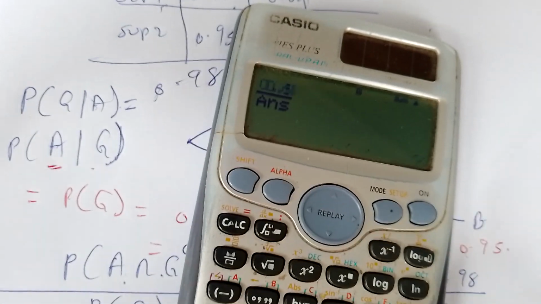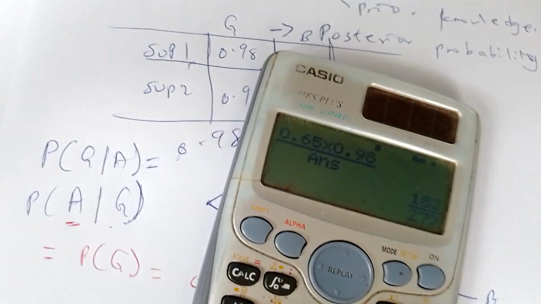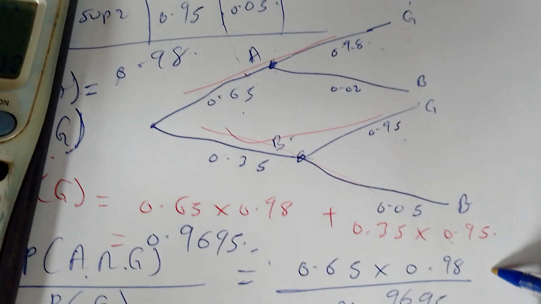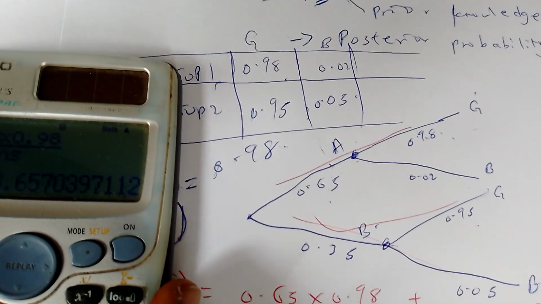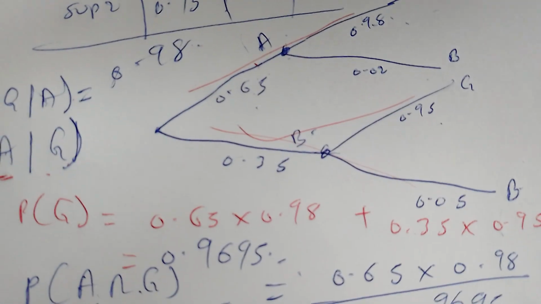So I just compute the answer: 0.65 times 0.98 over 0.9695 gives about 0.657.